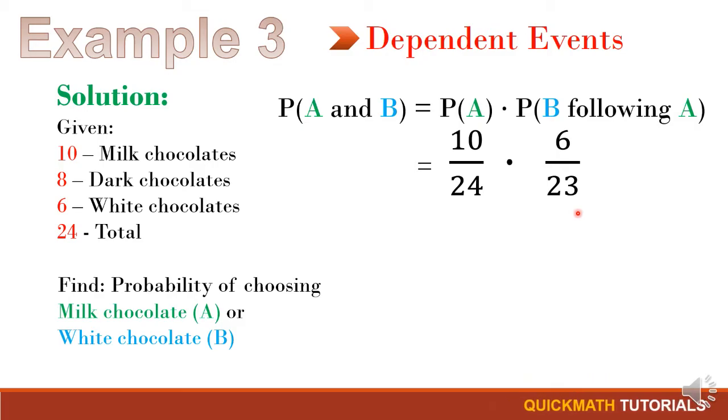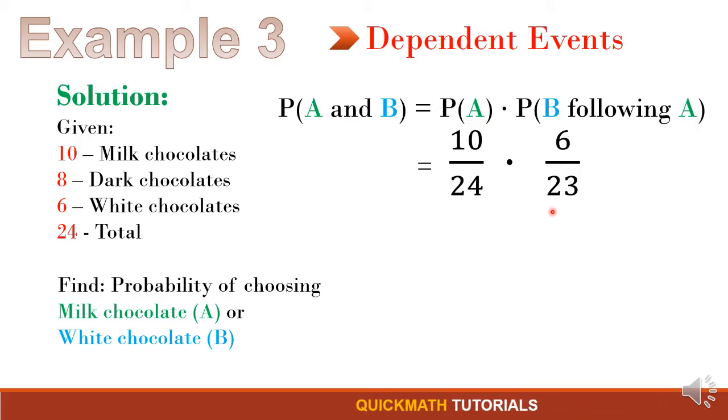Since in this problem the chocolate was eaten, the original number of chocolates was reduced to 23. Suppose Hannah already ate 1 milk chocolate. So instead of having a total of 24 chocolates, it will be reduced to 23 chocolates.